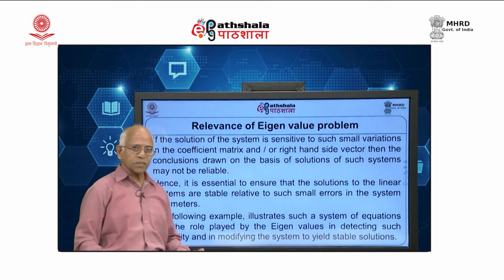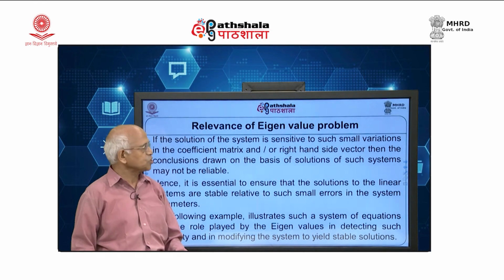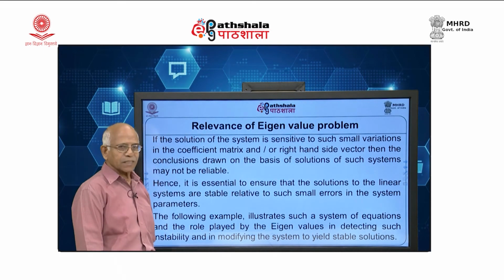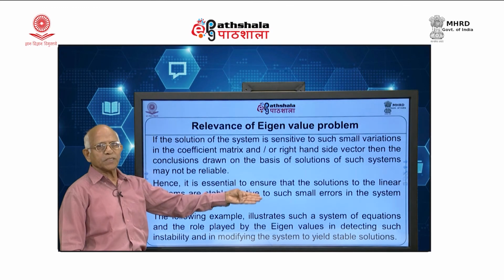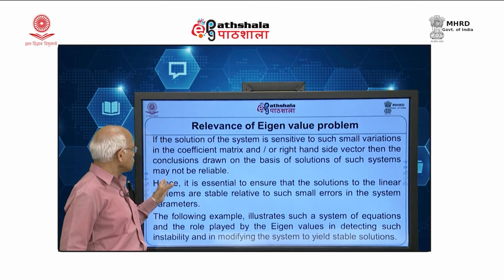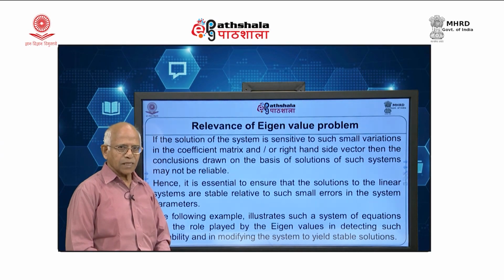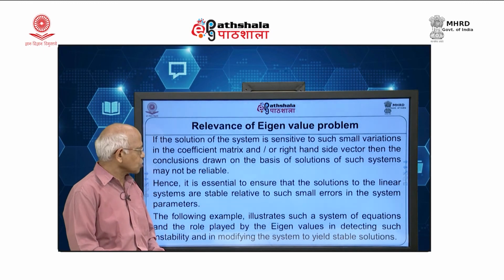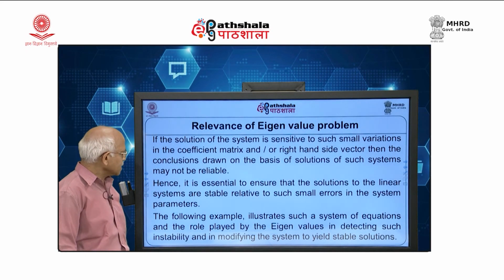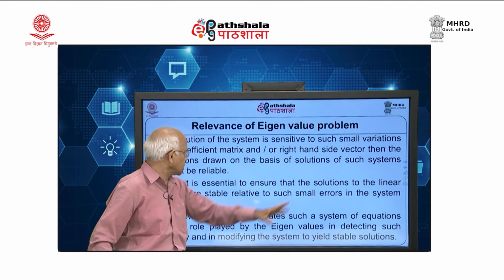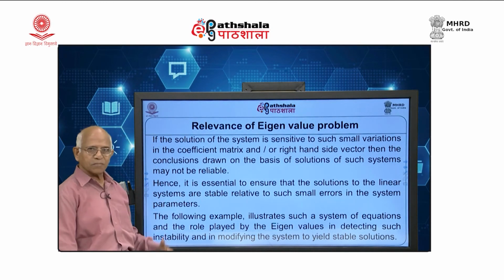If the solution of the system is sensitive to such variation in the coefficient matrix or right hand side vector, then the conclusions drawn on the basis of the solution may not be reliable, because your model is inaccurate and your solutions are very sensitive to that inaccuracy. Hence, it is essential to ensure that the solutions of linear systems are stable relative to such small errors in the system parameters.